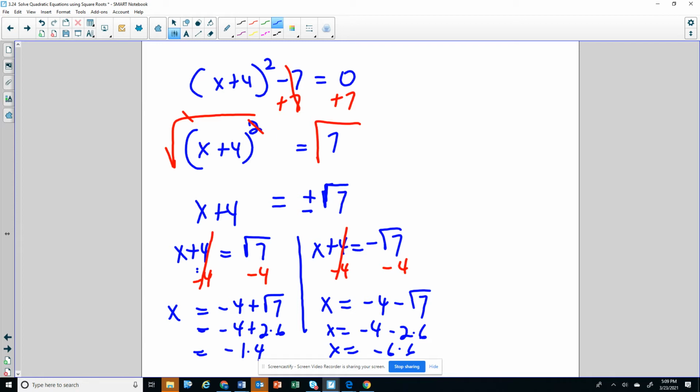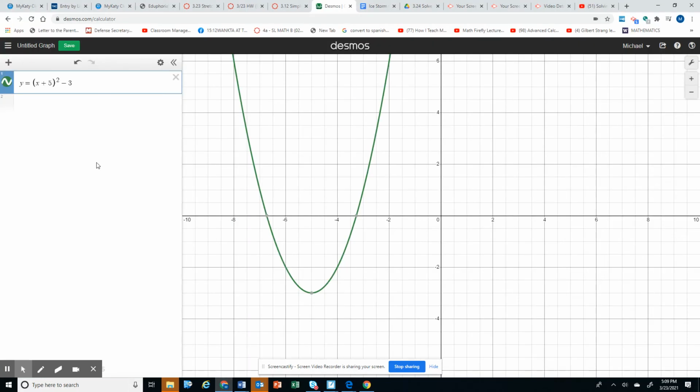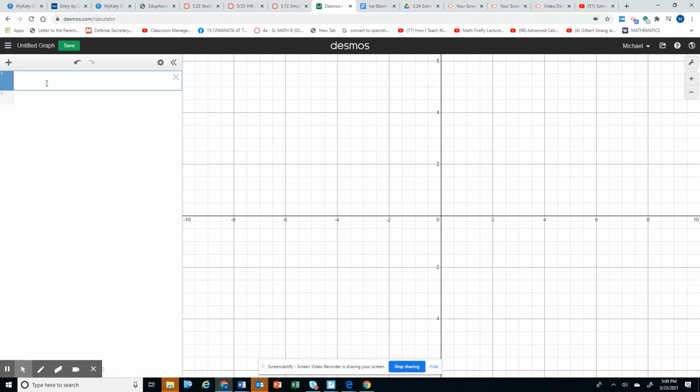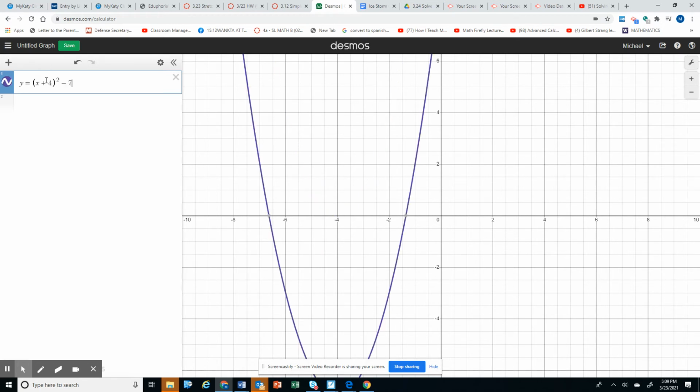Let's go to Desmos and see what we get. All right, bring up Desmos. Okay, let's erase that. We know y is going to equal parentheses x plus 4 close parentheses to the power of 2, and then we're going to have a -7.